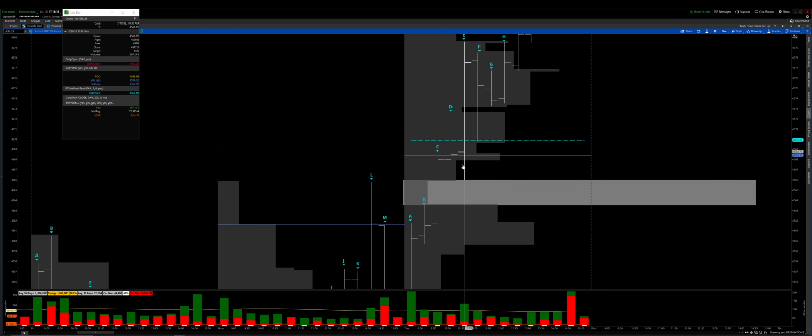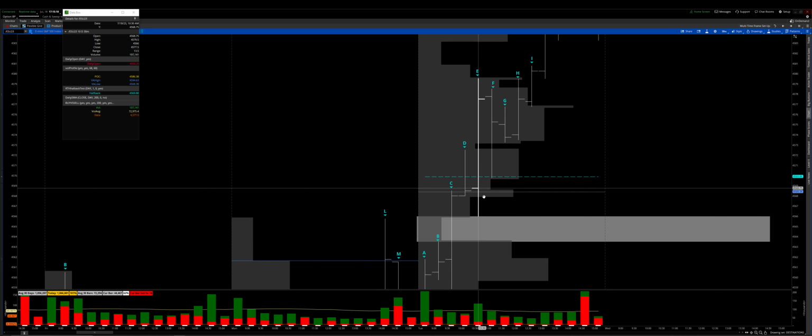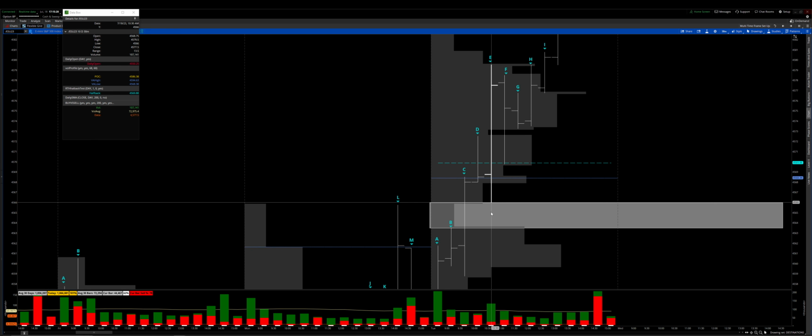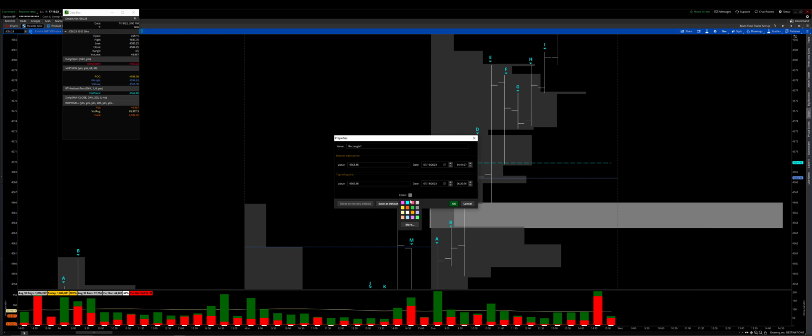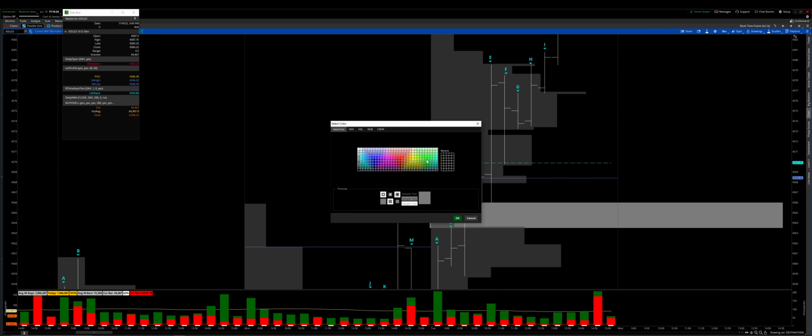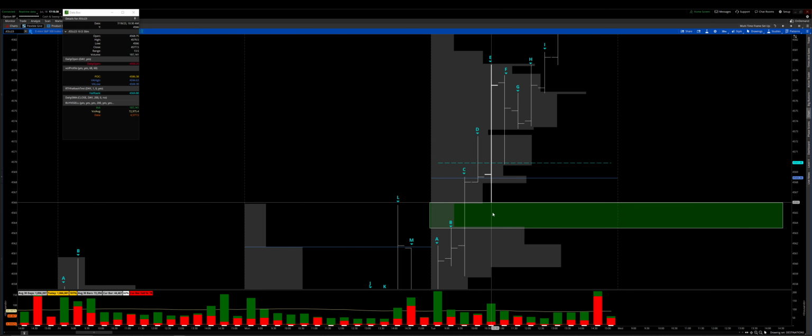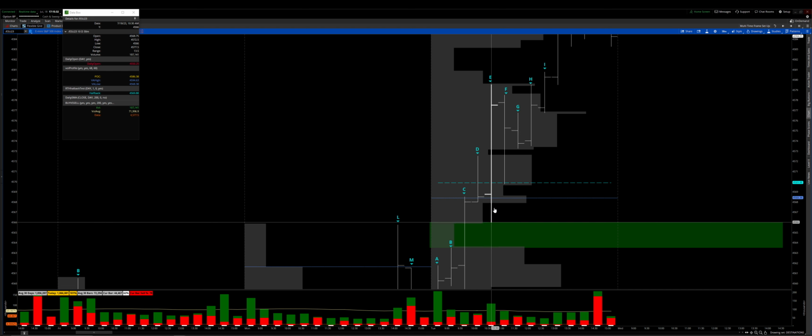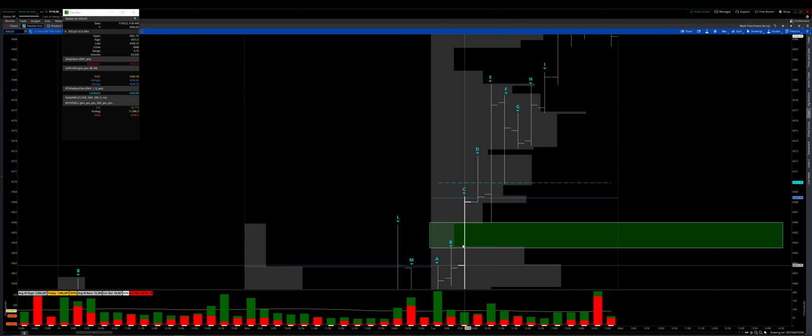But we hold it here in that pullback in E period, and you can see how powerful it is, because as we pulled back into this area, let me go ahead and highlight this green for you guys. As we pulled back into that 68 to 63.50 area, we got down to 66.